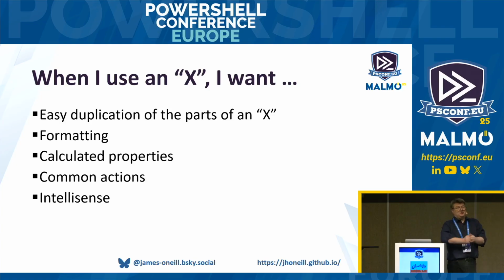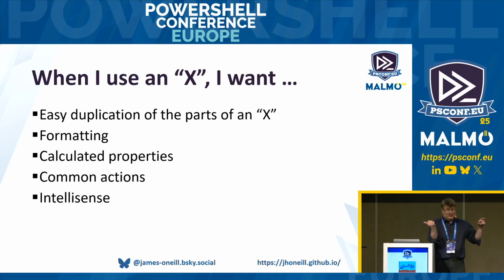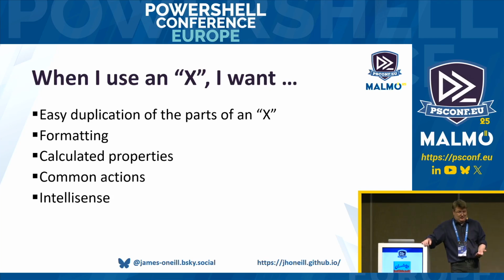So to easily duplicate the parts of a cache, I want one of those, or I want formatting, or I want calculated properties. A lot of the time when I'm getting data back from somewhere, I go, oh yeah, and we'll see this example a bit later on, I've got the number of milliwatt hours left in my battery. Fantastic, because I really think in milliwatt hours. No, I think in quarters. Okay, how much of my battery have I got left?